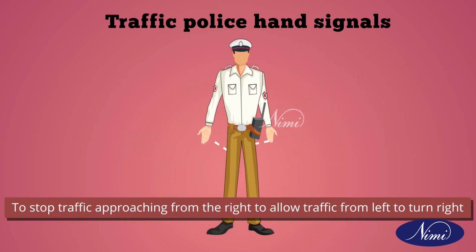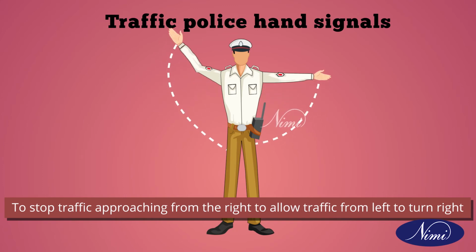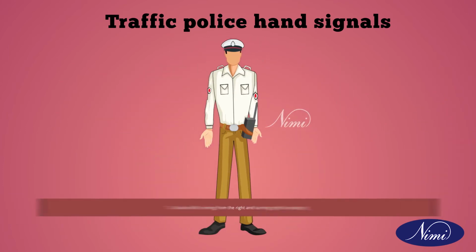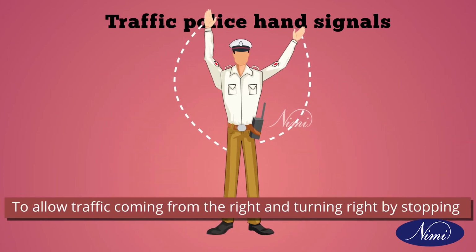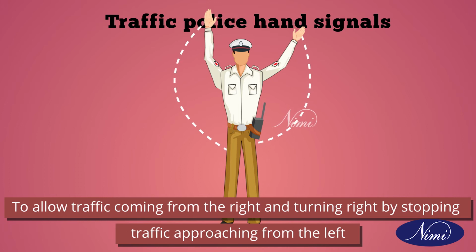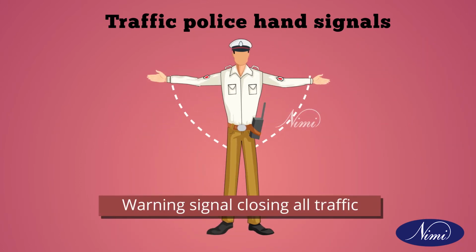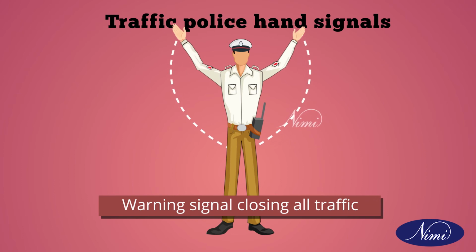And this signal is to stop traffic approaching from the right to allow traffic from left to turn right. This signal is used to allow traffic coming from the right and turning right by stopping traffic approaching from the left. And this signal is a warning signal closing all traffic.